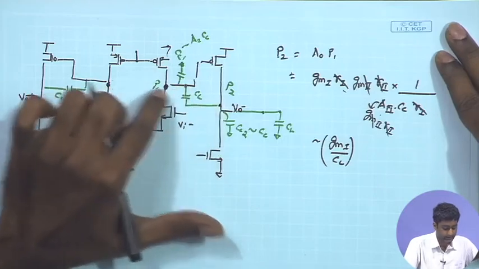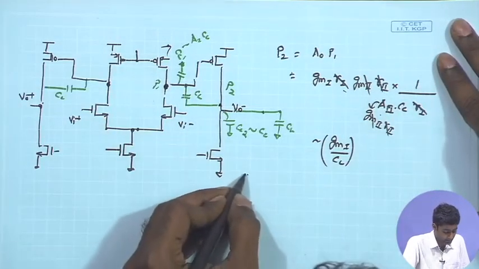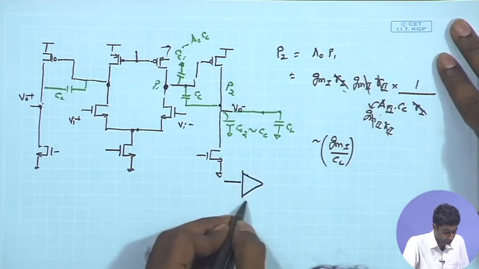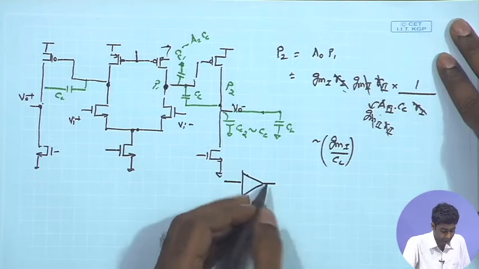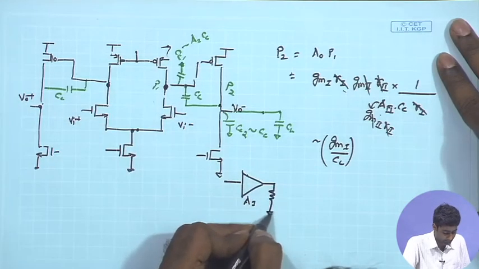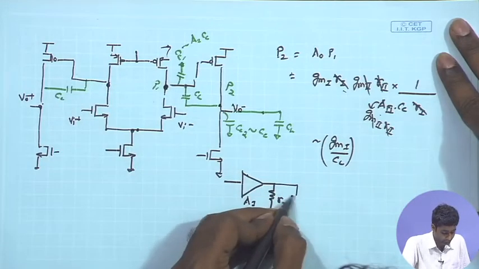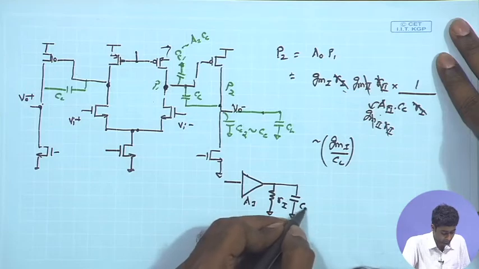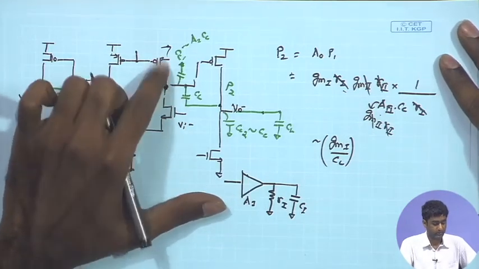So, I am retaining the Cc, and I am saying that in the actual amplifier, if I look at the actual first stage, this is the first stage giving me A1, you have certain output resistance. So, I can model its equivalent output resistance as say R1, and along with that you have some capacitance C1, which is because of the parasitic capacitances of the MOSFETs, the NMOS and the PMOS.